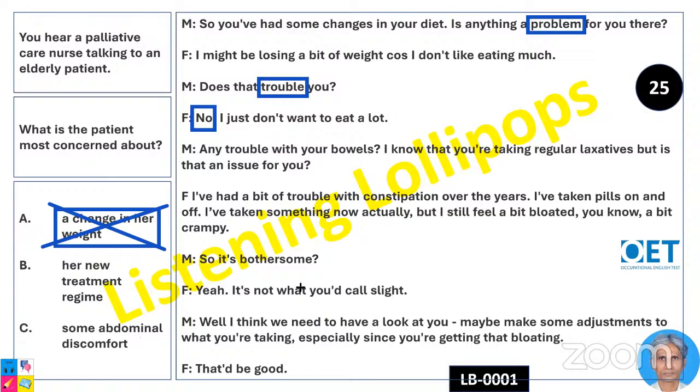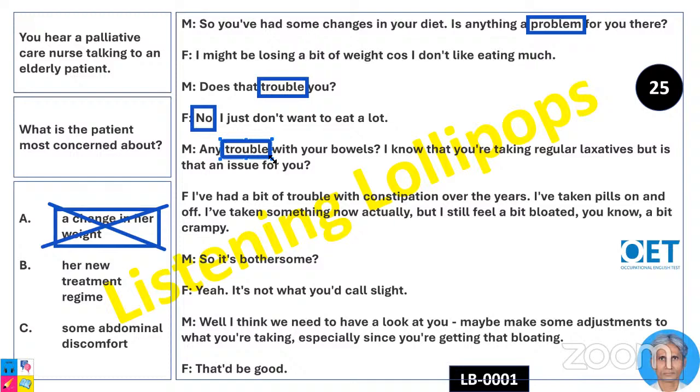Next one. If you see, any trouble with your bowels, is asking very clearly. Any trouble with your bowels? Abdomen. Bowels.